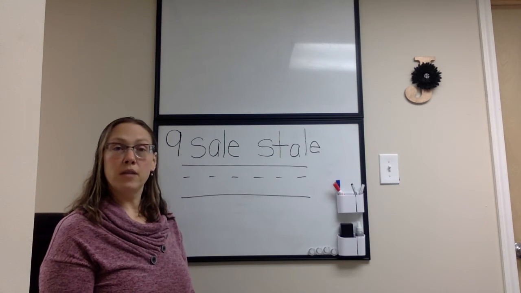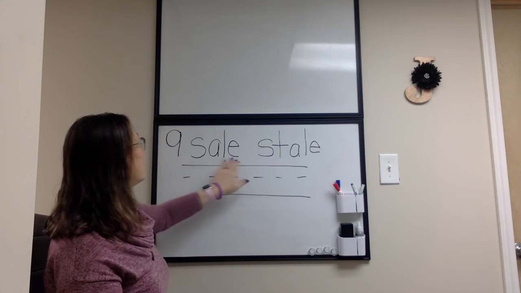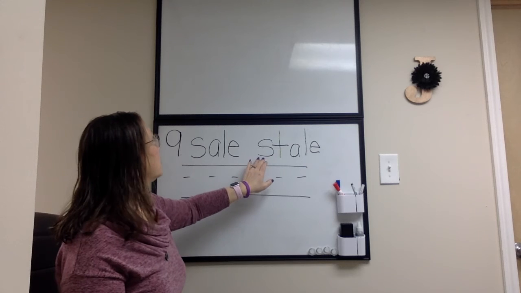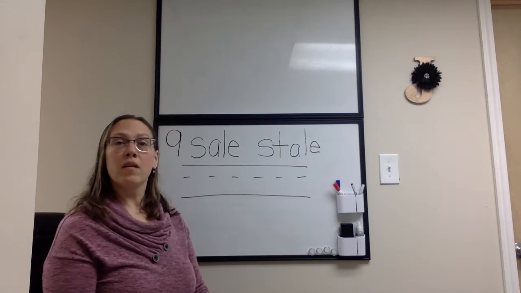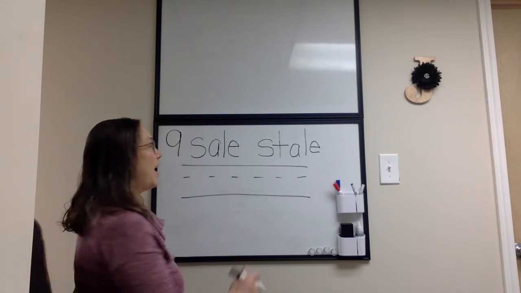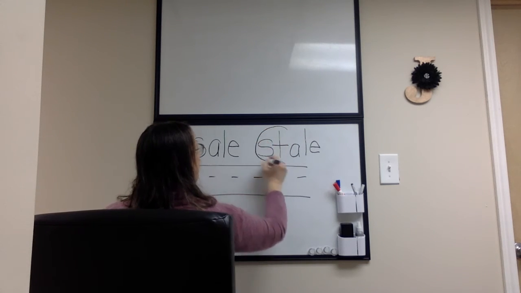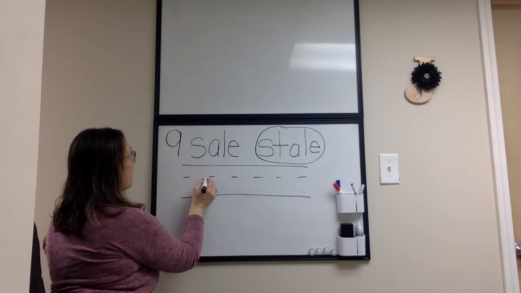So let's practice our two words. Stale, sail, stale, stale. Point and then circle the word stale. And now let's practice it on the line.